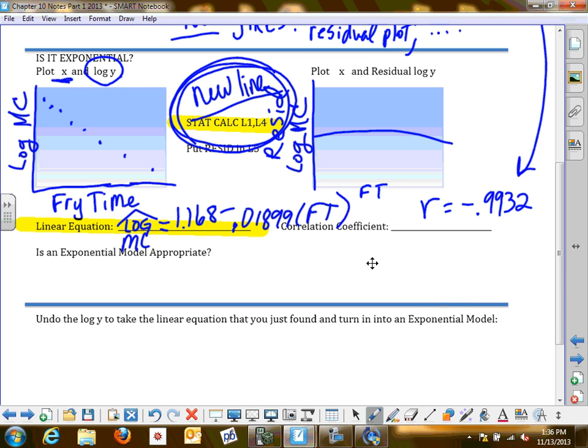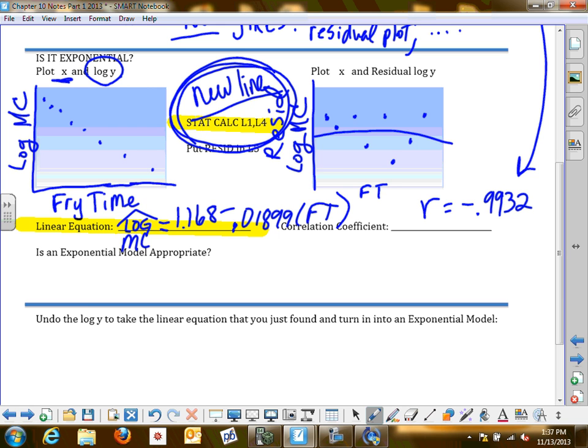So let's put that in there. Here's the deal. Is this better scatter than before? Is it a stronger R value than before? Yes. This may not be the best choice ever, but we only know of one way.